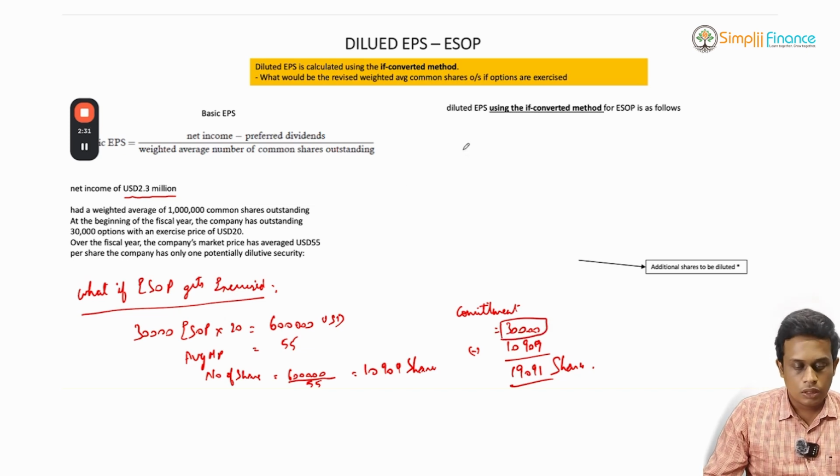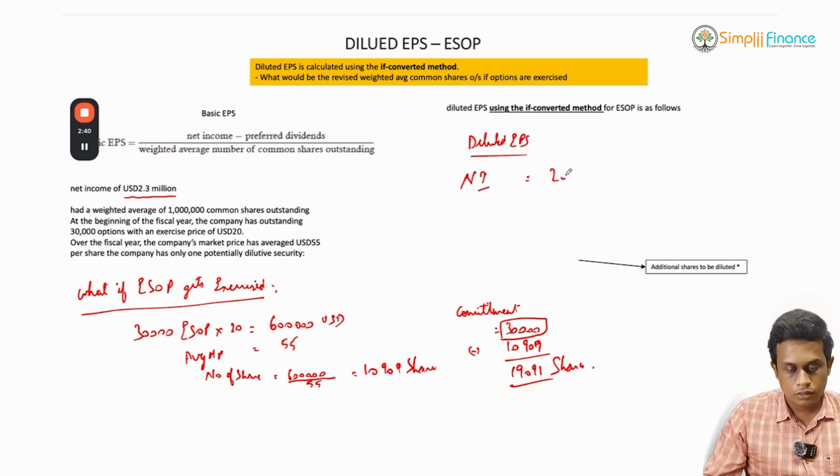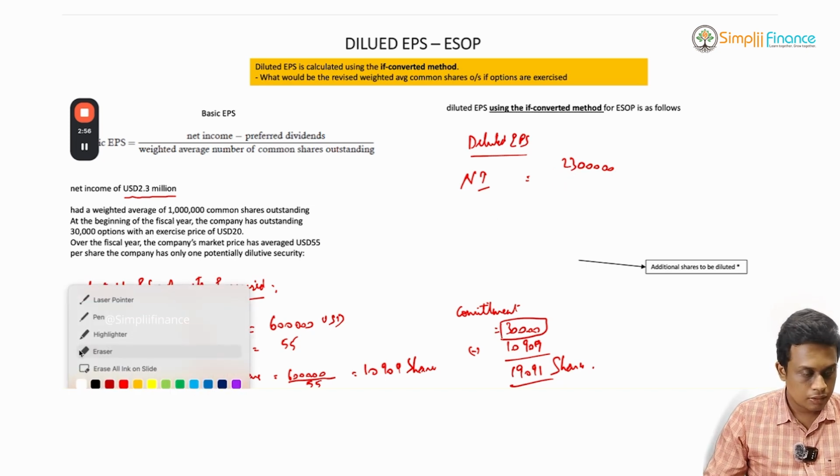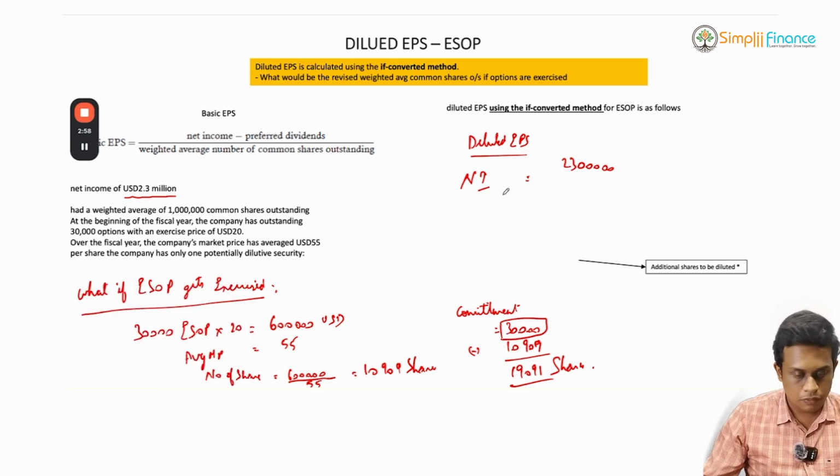So in the diluted EPS, let's start with net income. That will be 2.3 million, and there is no preference dividend here.